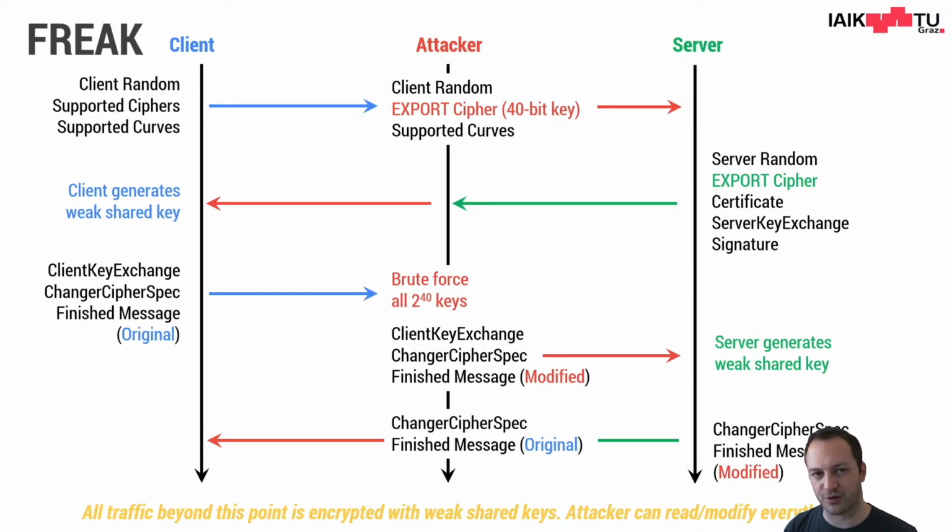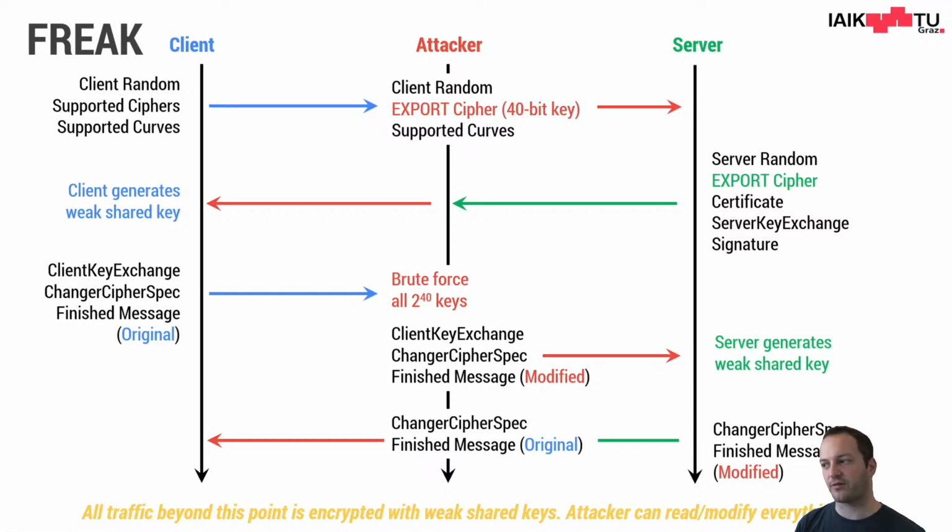The server unfortunately still supports these weak cipher suites. Not all of them, of course, luckily, but there are unfortunately servers which still support these cipher suites. And this means effectively the communication was downgraded.